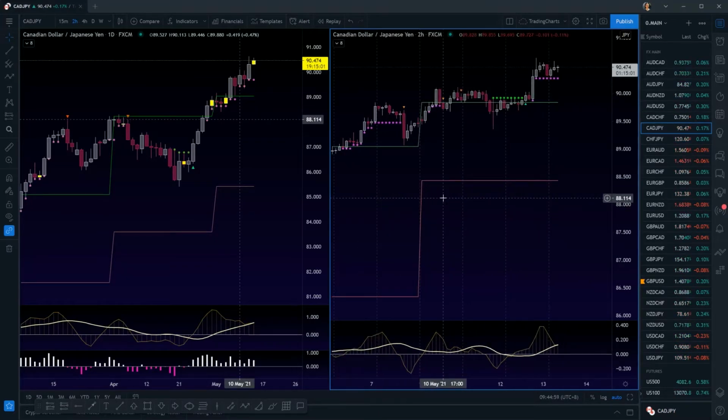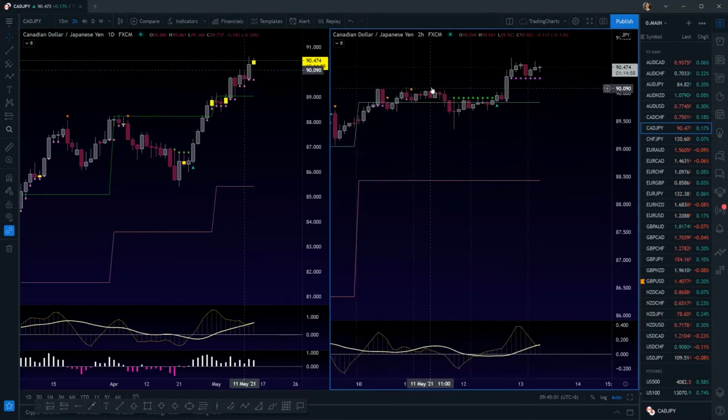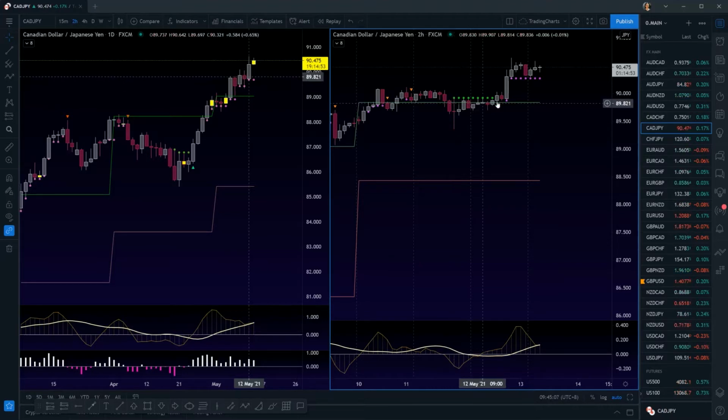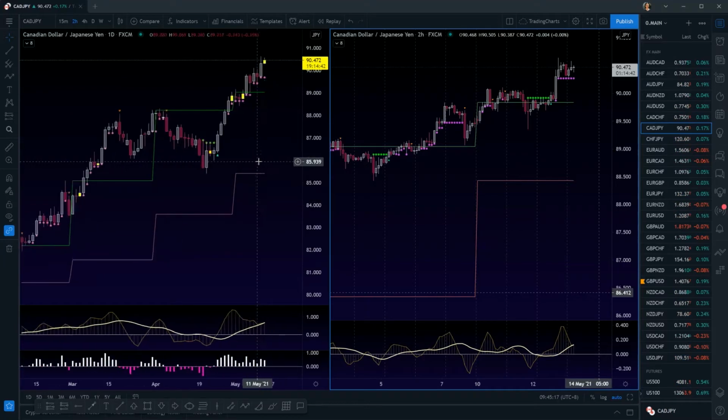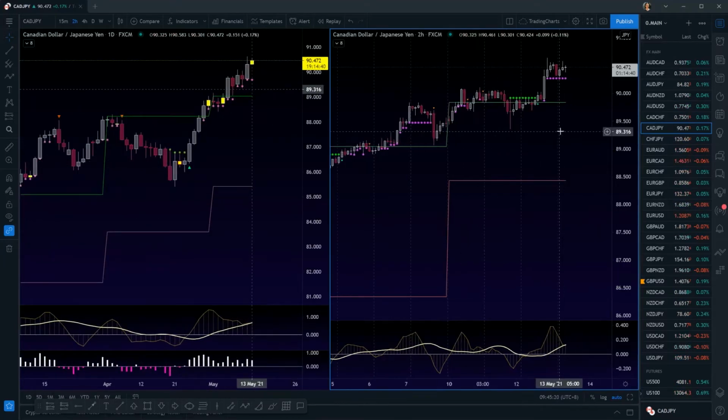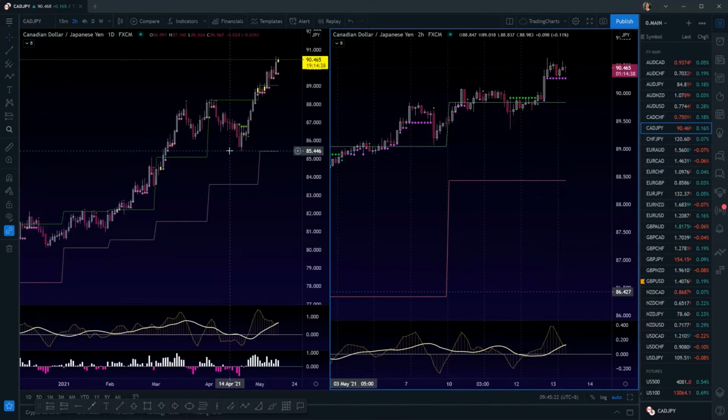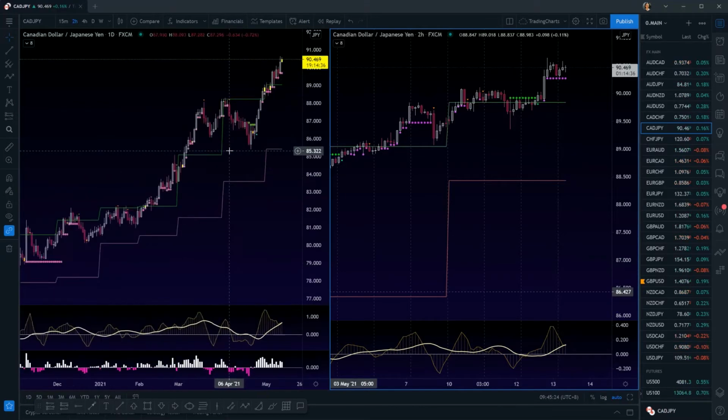Canadian yen. The other day, I think it was Tuesday, I took the short, didn't take profit. I cut my loss around here, so it was the right move to cut my loss. Price moved up. Now it is really pretty overextended, but likewise, trends can just keep going.